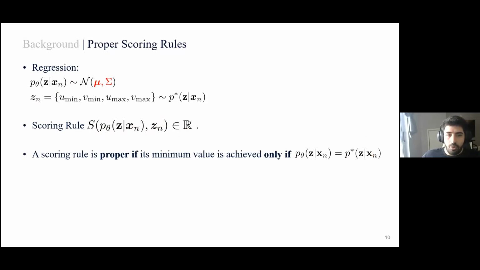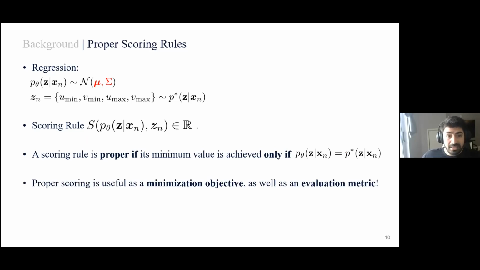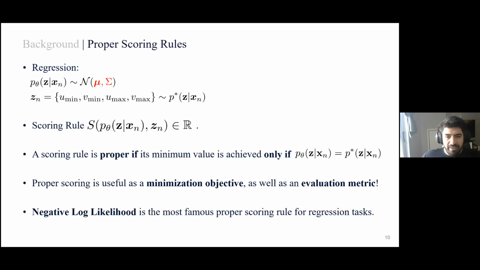So basically, the only way that this has the minimum value is if we estimate P star, the data generating distribution. This is very useful, as we can now use proper scoring rules as a minimization objective as well as an evaluation metric. The most famous proper scoring rule for regression tasks is the negative log likelihood.